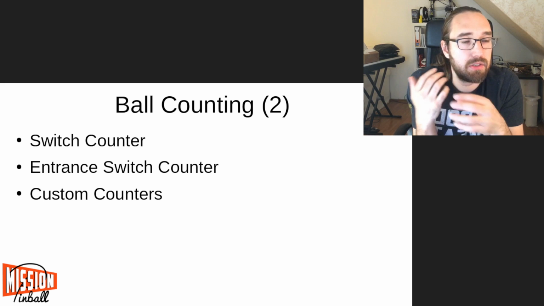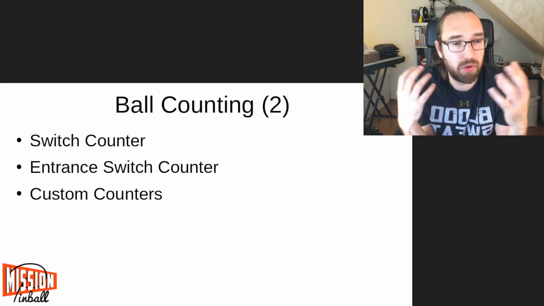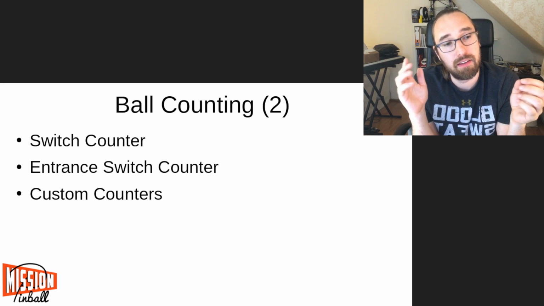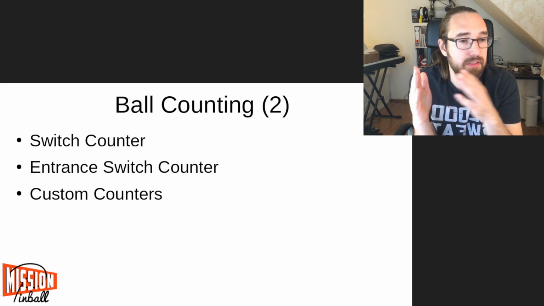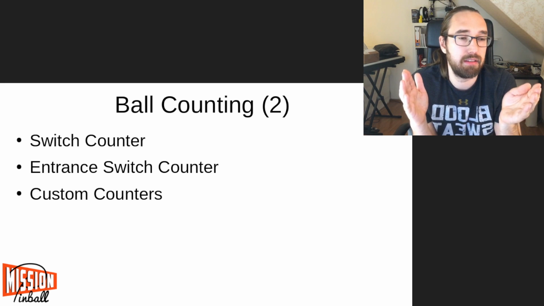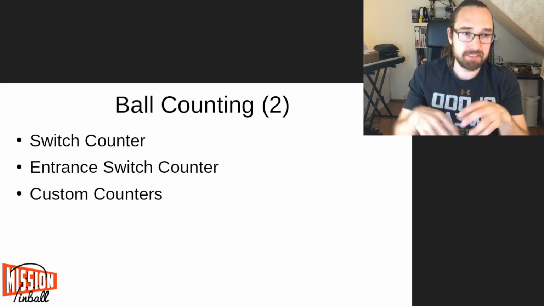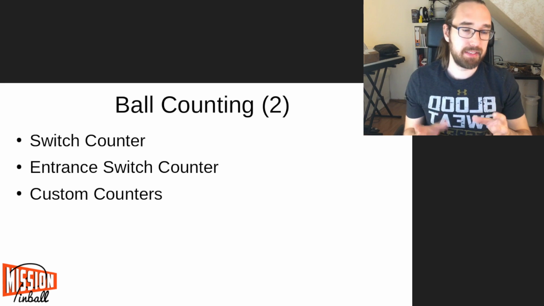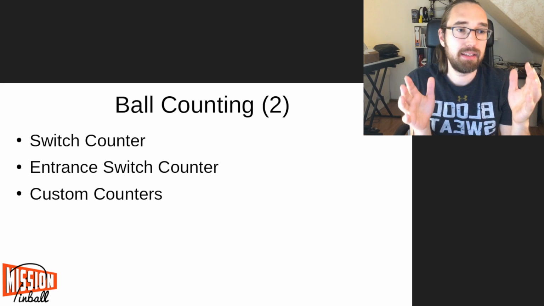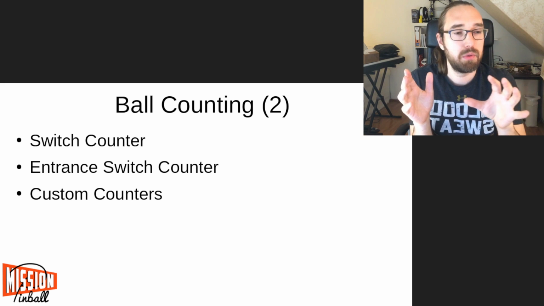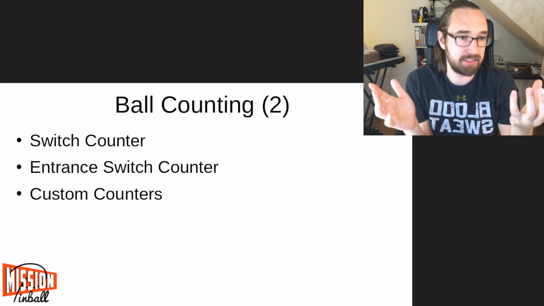Then there are also those entrance switch counters. That's sometimes used for locks, where you just got a switch at the entrance, and then afterwards there are 4 positions or something, and it cannot count the balls. And since the balls only enter during the game, that's also not an issue, right? Because entrance switch counters typically got problems to find out how many balls are there if the machine starts.